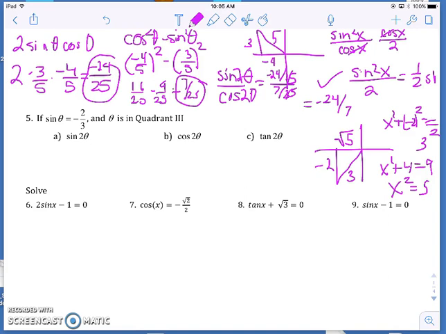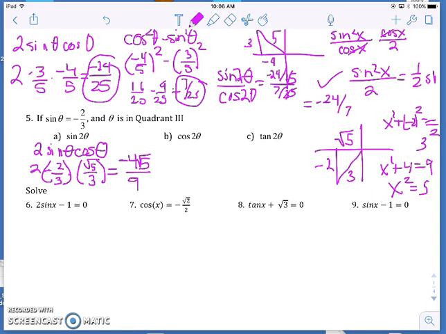And then we have the sine of 2 theta again. So we got 2 sine of theta cosine of theta. So 2 times negative 2/3 times our cosine, the square root of 5 over 3. So this would be negative 4 times the square root of 5 over 9.